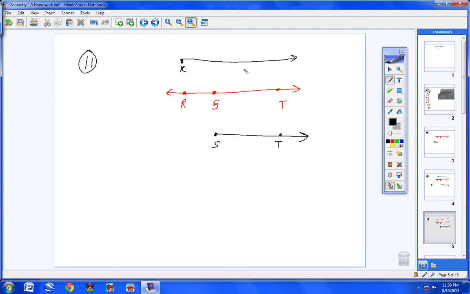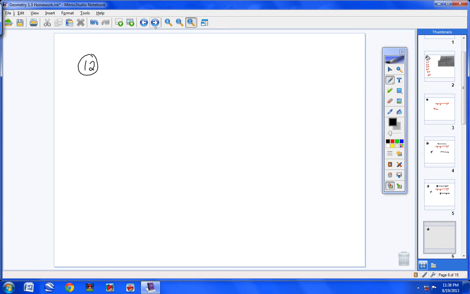And remember, we know that's not true because I told you guys yesterday, whenever you name a ray, you have to start with the endpoint first and then move toward the next letter. So no, ST is not the same as Ray RT because they have different endpoints. One has an endpoint of S and one has an endpoint of R. Okay? So they are not the same. That would be false.